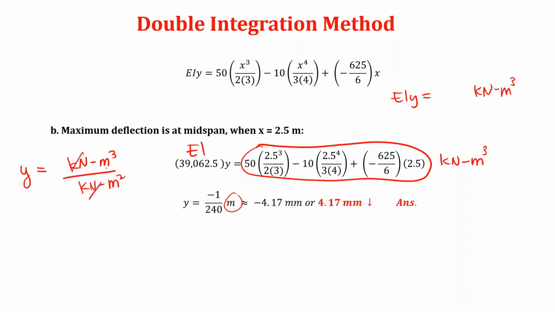So, kN cancels, and only meter remains. That is very small in meters, so we can convert it into millimeters. The equivalent is negative 4.17 millimeters. The negative signifies downward. So, 4.17 millimeters. That's our final answer.